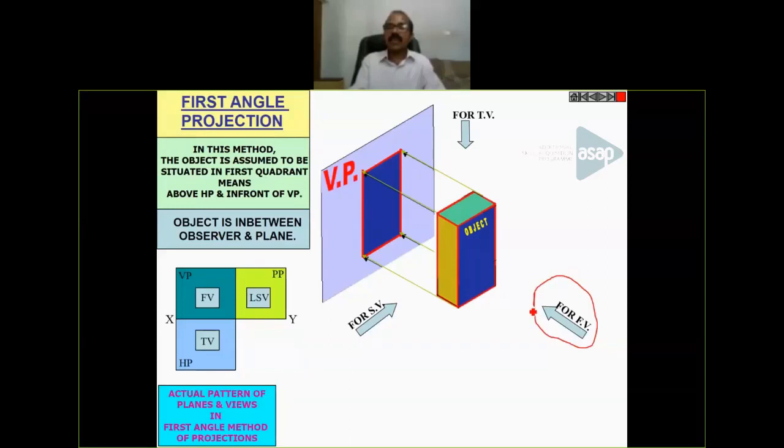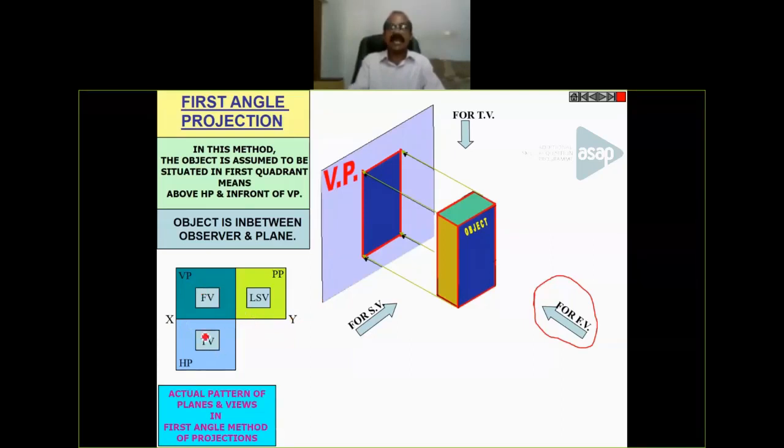By looking in this direction, you can see only this blue surface, and that part you have to draw in the vertical plane. While drawing projections, first you have to draw the xy line, which is the line of intersection of the horizontal plane and the vertical plane. Here you can see the xy line. So here the front view will be of this fashion and the top view will be of this fashion.